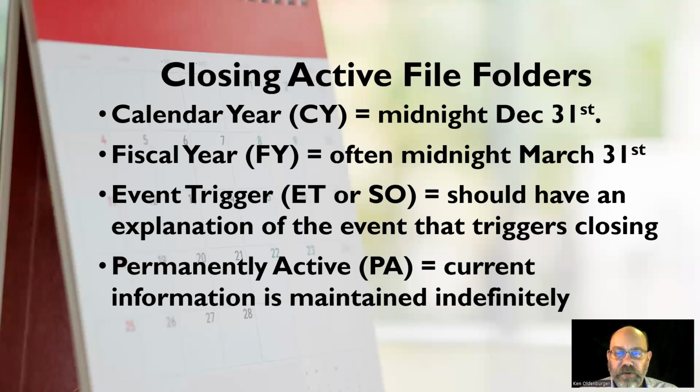So what I mean by that is a personnel file would have an ET that says perhaps when the employee is no longer employed. So that would be a trigger. Projects, when the project is complete. Policy, when the policy is replaced. So it needs to have a very clear explanation of the event trigger.